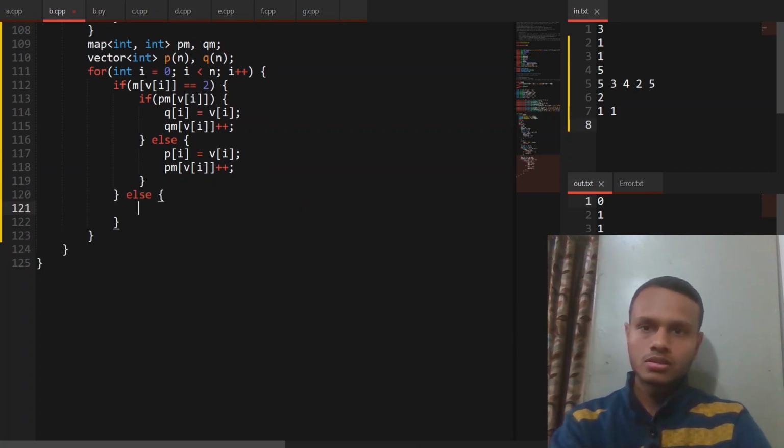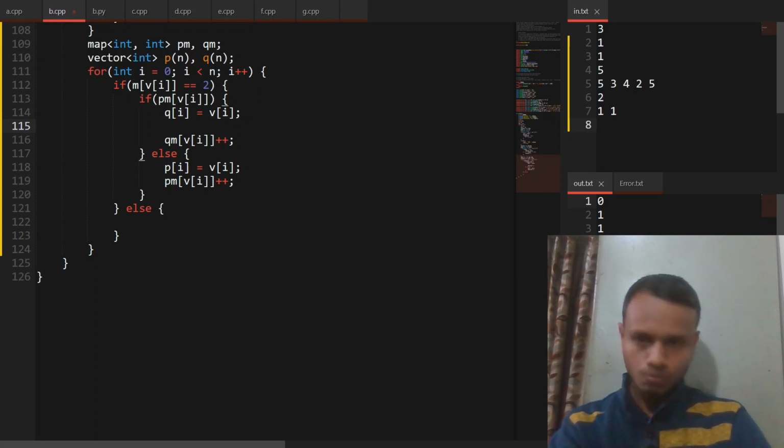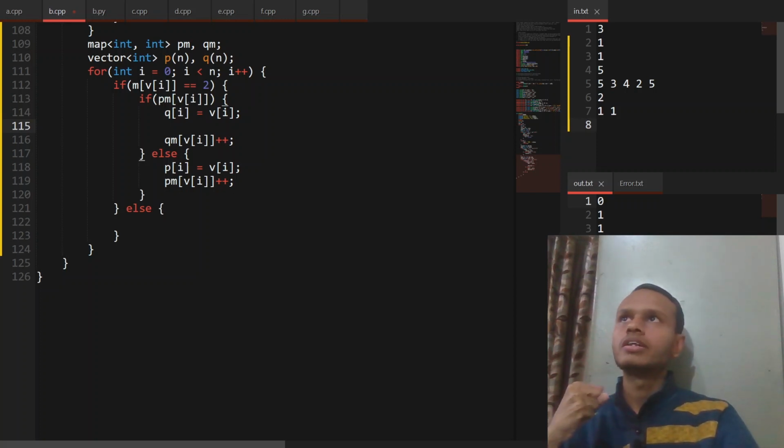Else, oh, but there's a problem. The problem is with the element that will be put in.